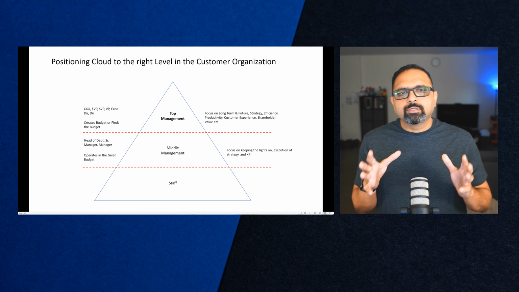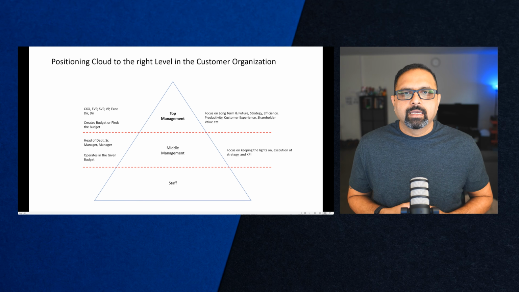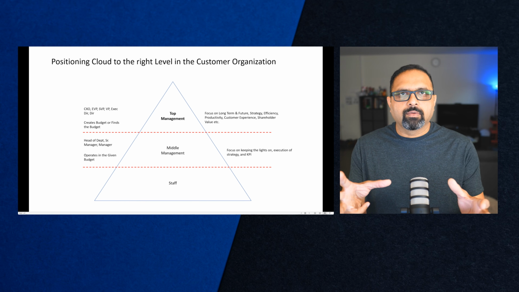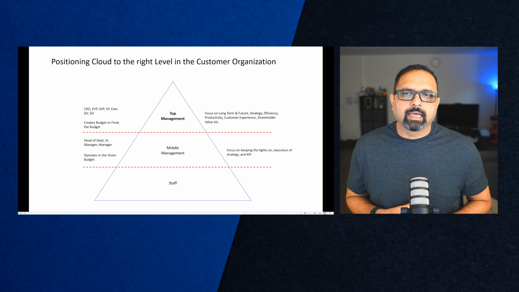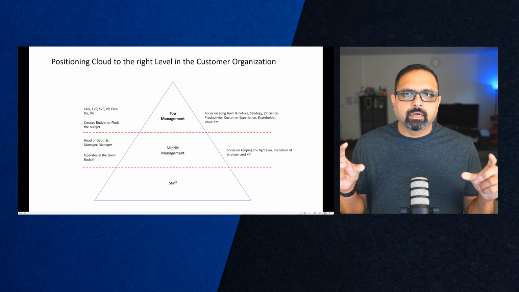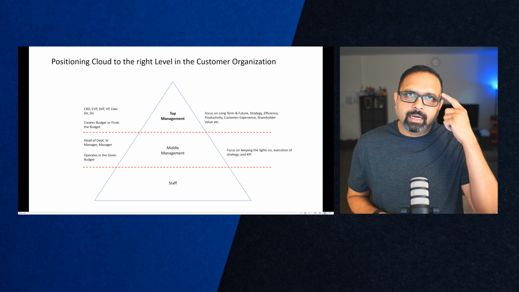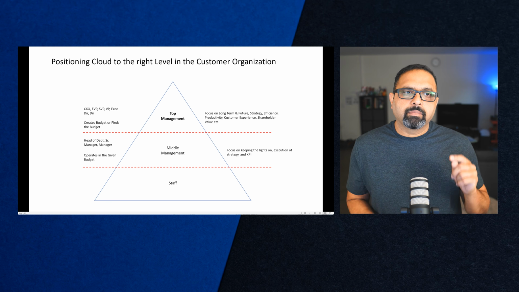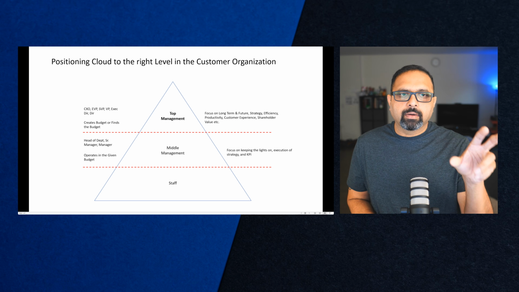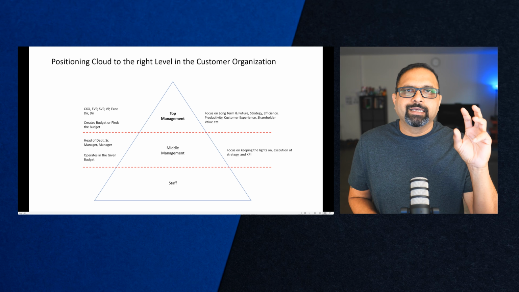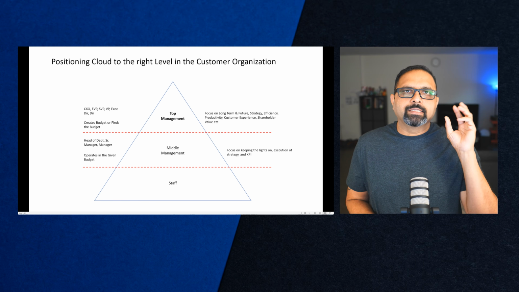So these are things which top management cares about. And this is what you want to really move forward when you're pitching with these guys. Bottom line, if the budget doesn't exist, they will create the budget, provided you talk about what they focus on. You engage in their language, you engage in their levels.